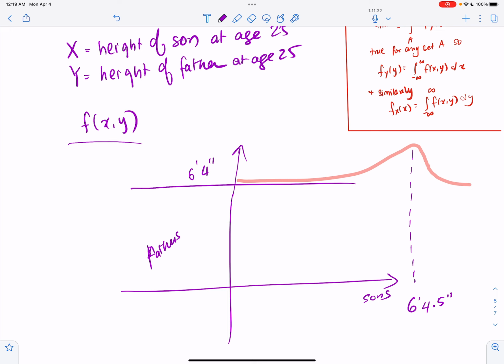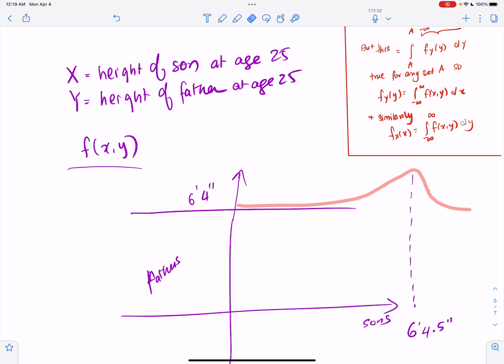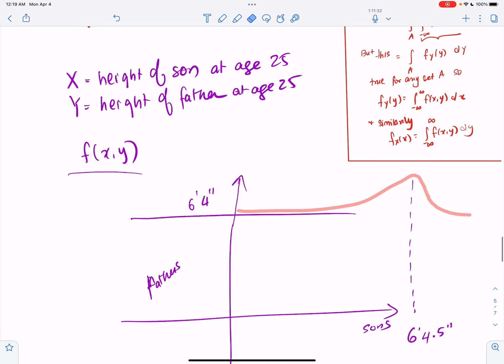Of course, that's not the only variable that comes into play. So maybe you could have some kind of a different distribution also. Anyway, that was just me trying to explain that if you are given information about one of the variables, then you're talking about the distribution of the random variable x given that y equals 6 feet 4 inches.